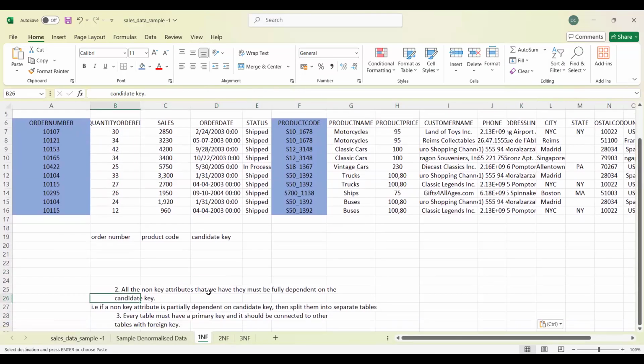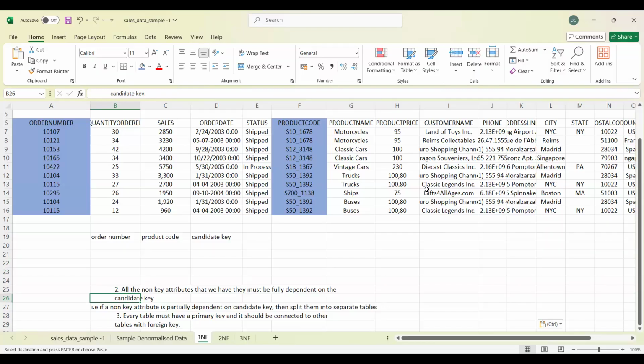So all the non-key attributes must be fully dependent on the candidate key. Here I'm considering order number and product code together as my candidate key. Non-key attributes means all the remaining columns which are not a primary key and not a candidate key.